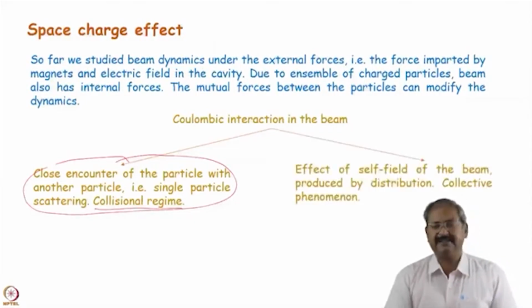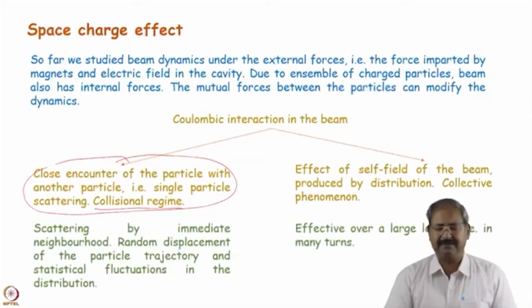And the other one is the effect of the self field of the beam produced by the distribution, meaning we take the complete distribution, and due to that distribution what will be the effect on one single particle. And this is the collective phenomenon, because as we change the distribution, this phenomenon will change.